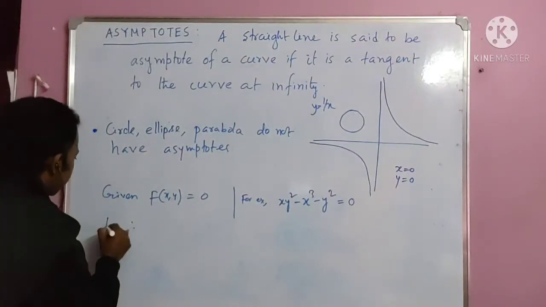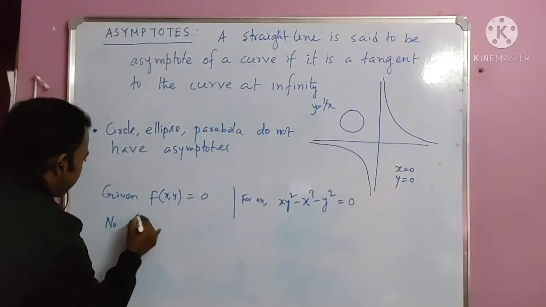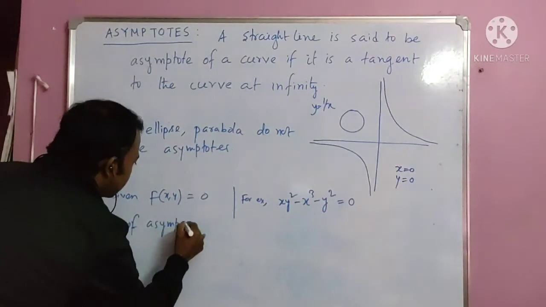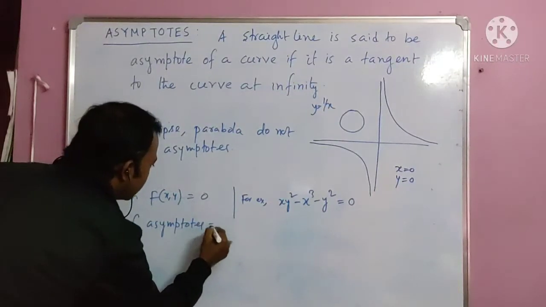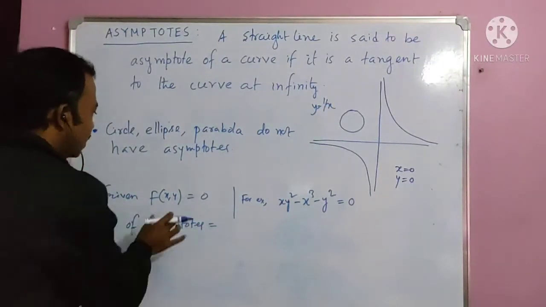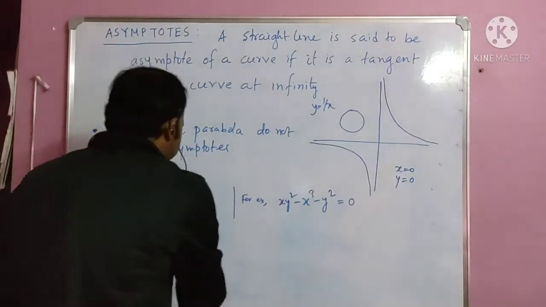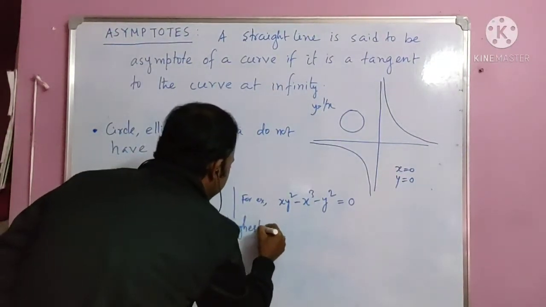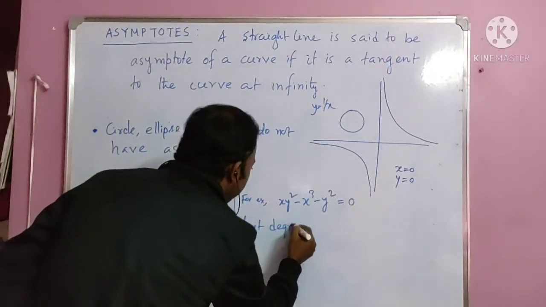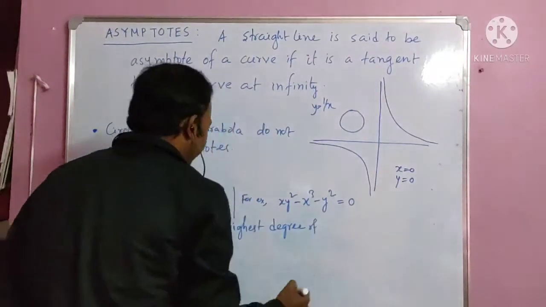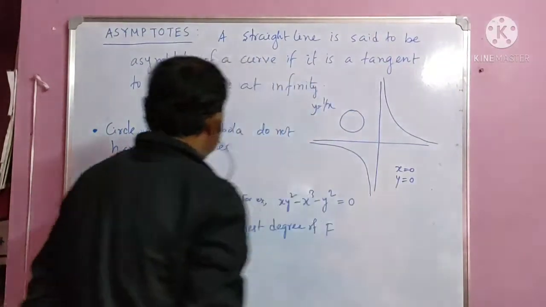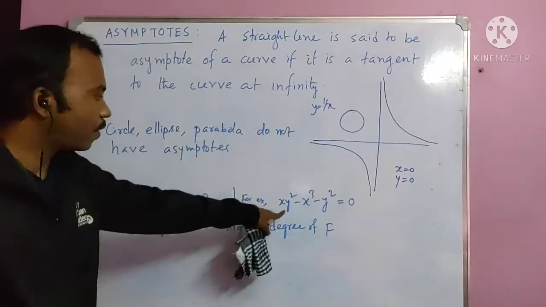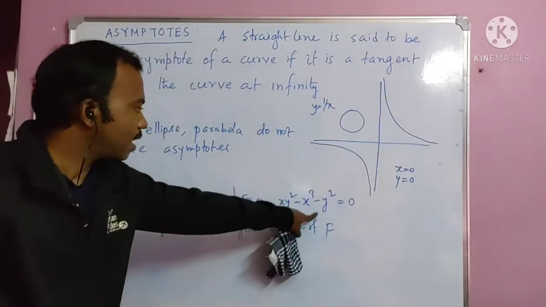The answer is, the number of asymptotes equals the highest degree of f. Now, in this particular case, what is the highest degree?